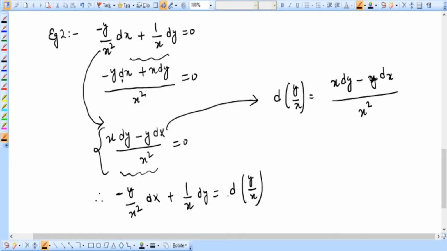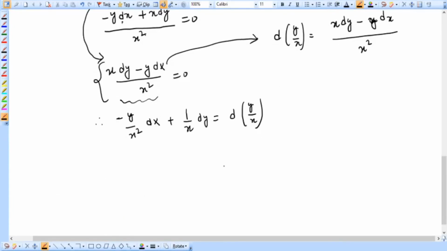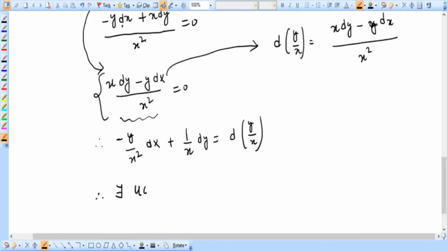So thus we are able to find u. Therefore there exists u(x, y) equal to y over x such that minus y over x square dx plus 1 over x dy is equal to du.